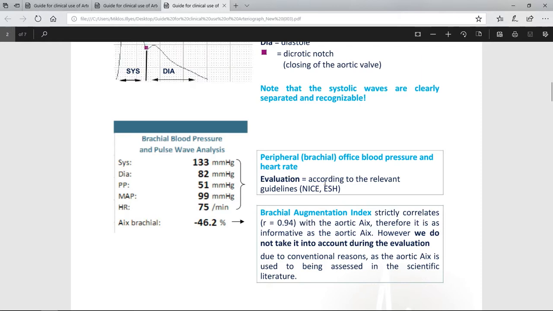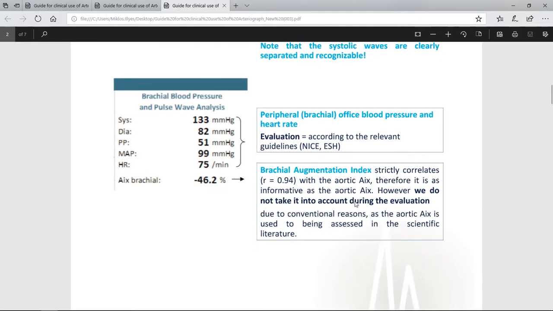The evaluation of the peripheral blood pressure is based on the relevant guidelines regarding the measurement, assessment, and management of arterial hypertension, such as the NICE guideline or the European Society of Hypertension guideline. We do measure the brachial augmentation index. It strictly correlates with the aortic augmentation index, so it is as informative as the aortic one.